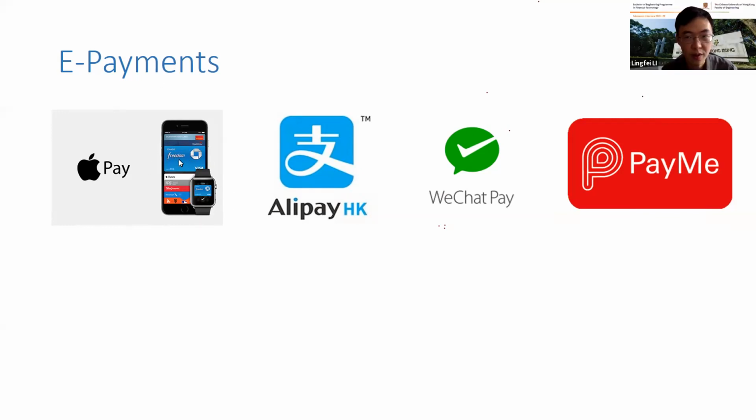If you have an iPhone, there is a wallet app on your phone, and you can include your credit cards into the e-wallet. Then when you go shopping, you just need to place your phone near some kind of reader, and the transaction will be done.